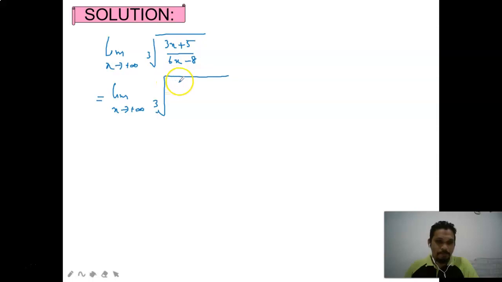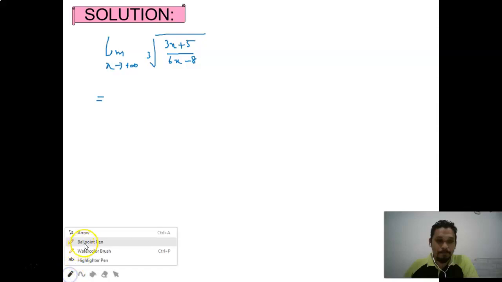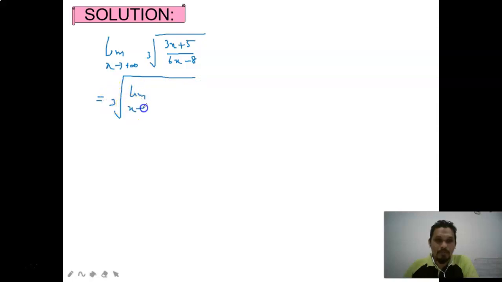Okay, this is what we call a correction here. Let's say the cube root, limit as x approaches positive infinity, and the highest degree of x in the denominator is an x here.